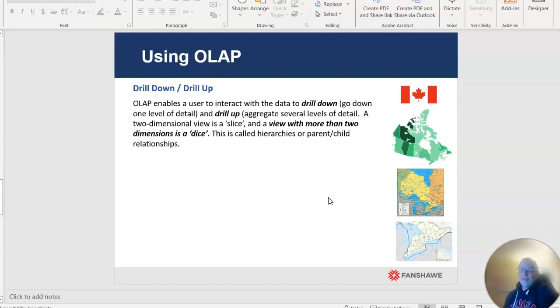So the tool allows us to slice and dice. Drilling up or drilling down, digging deeper into item level detail. Let's say we start at summary level and we can drill down to item level detail, or start at item level detail and summarize products that are of a similar type or characteristic, and drill up.